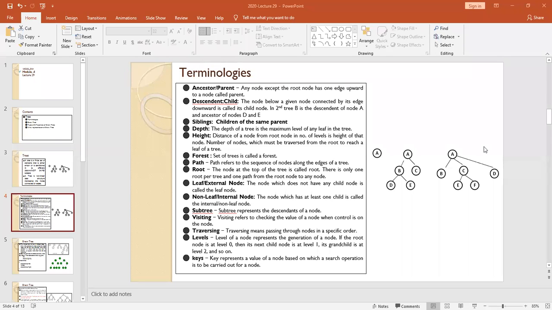Okay, so can you tell which are examples of linear data structures? Linear data structures, examples.